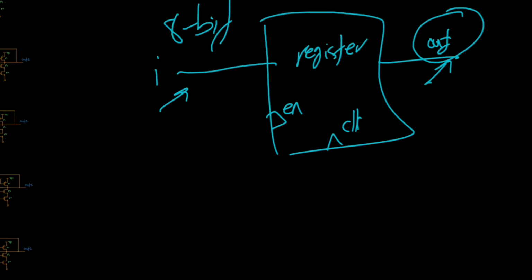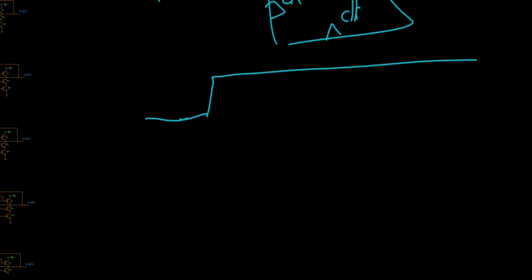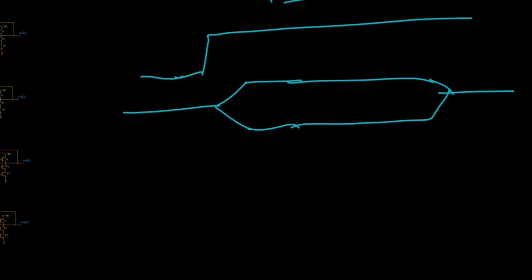So we could just draw a timing diagram for it, and we say, well, if En is equal to 1, and for example, if these are the I values, it's not important if you don't understand what I'm saying.